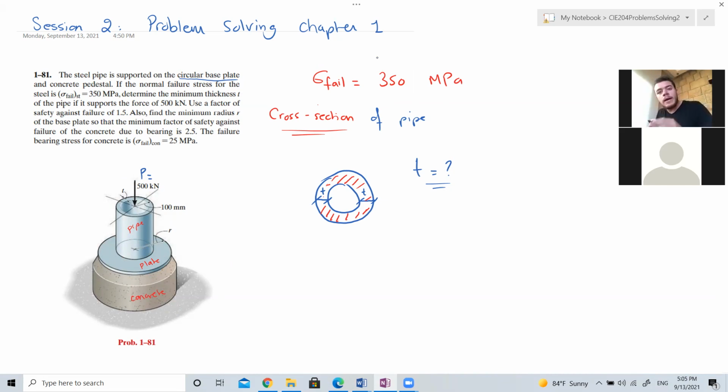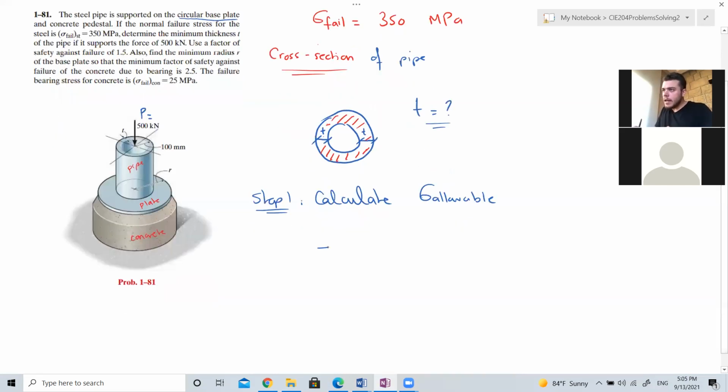What did we say? Whenever you have a factor of safety and sigma fail, what do we use? What is step number 1? We find sigma allowable. What's the formula? Fs is equal to sigma ultimate over sigma allowable.